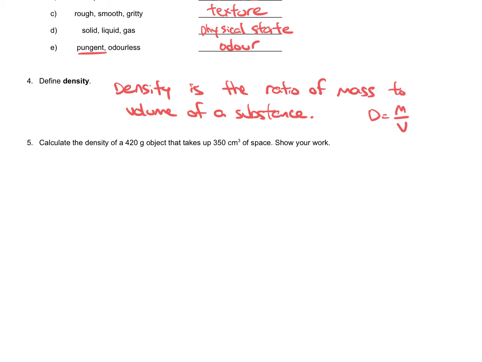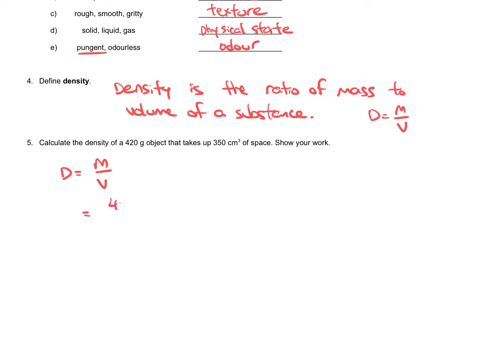So now we'll use that formula to calculate the density of a 420 gram object that takes up 350 centimeters cubed of space. Show your work. So we can start with the original formula and then calculate it directly by filling in the numbers.